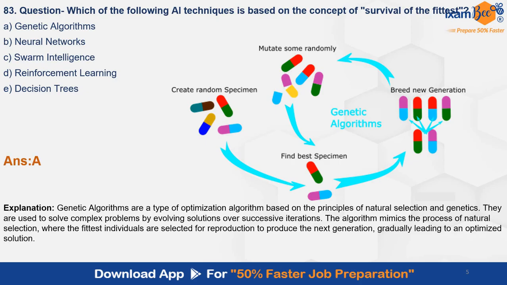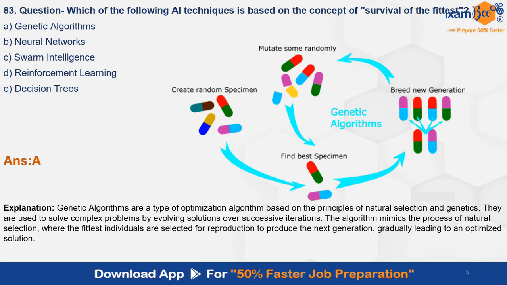Genetic algorithms. Genetic algorithms are optimization algorithms which are based on the principles of natural selection and genetics. They work by evolving solutions over iterations to solve complex problems. The most suitable solutions are selected to create the next generation.